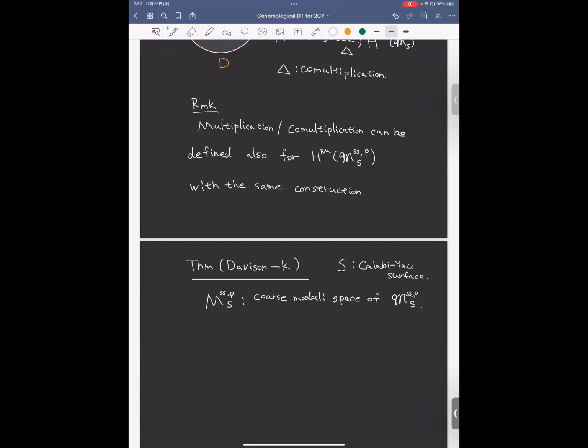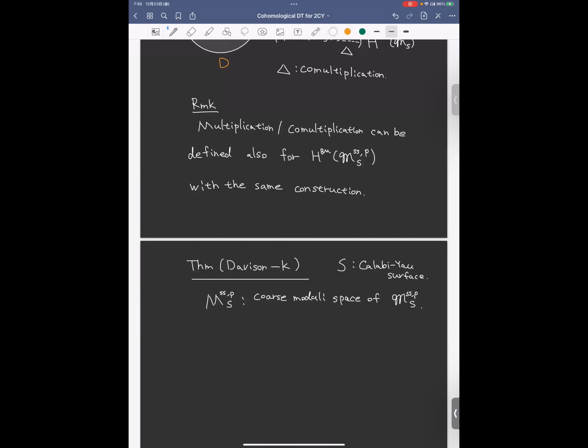And I also want to mention that the proof of this theorem can be extended to more general two-Calabi-Yau categories. But for simplicity today, I only work with the case of Calabi-Yau surface.